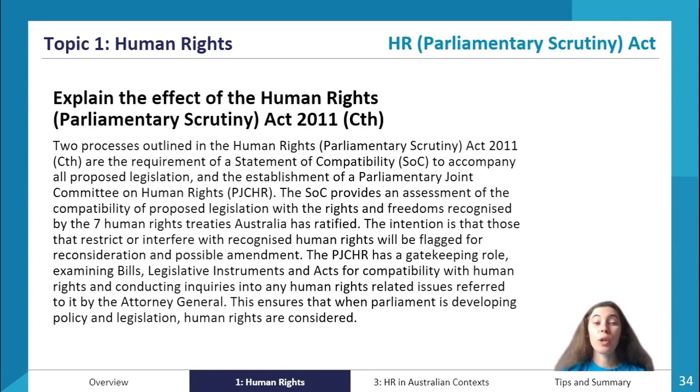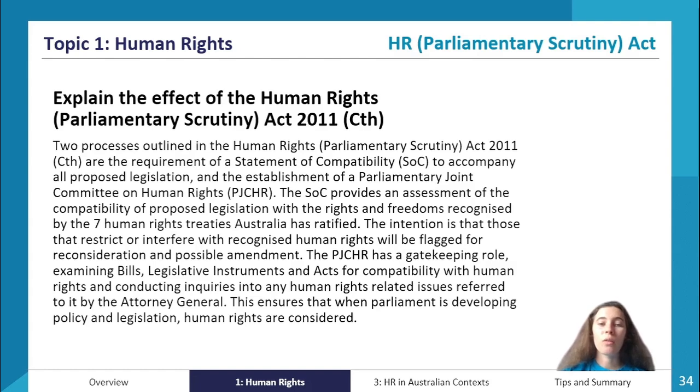So there are two processes outlined in this act, and one of them is the requirement of a statement of compatibility to accompany all proposed legislation, and another is the establishment of a Parliamentary Joint Committee on Human Rights.